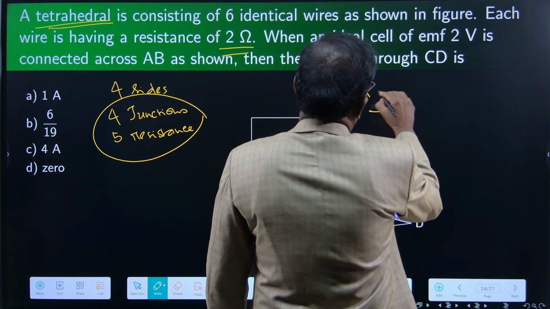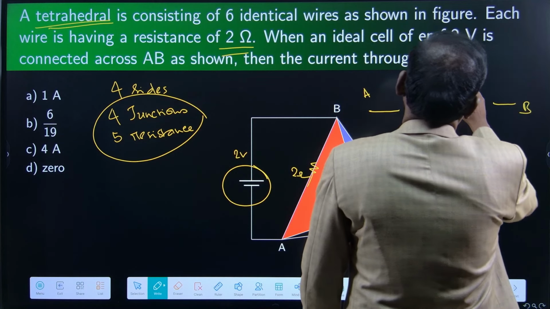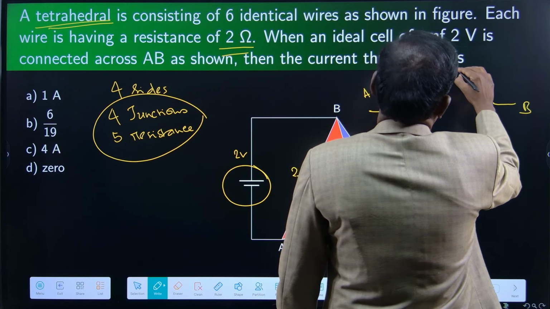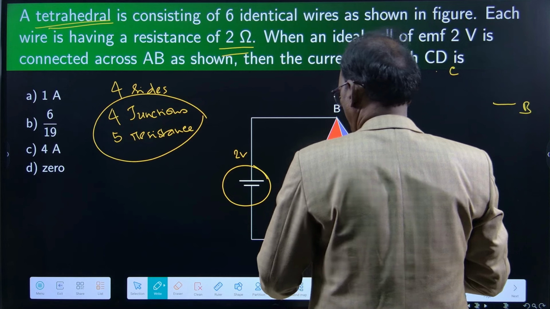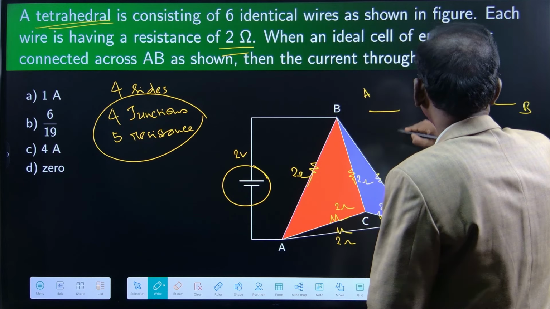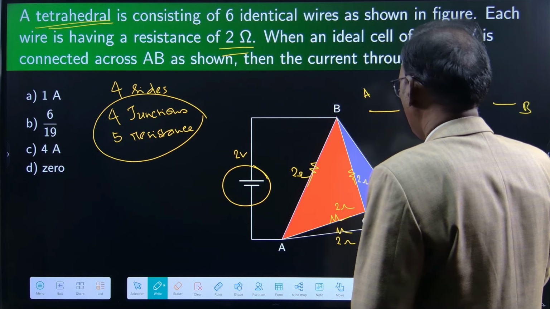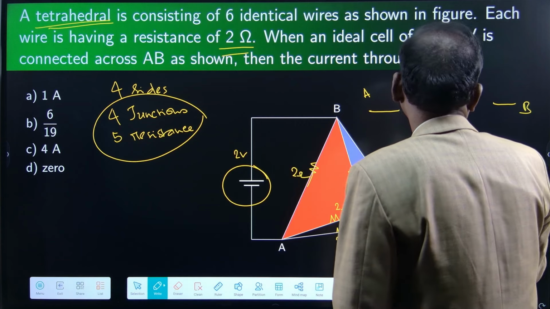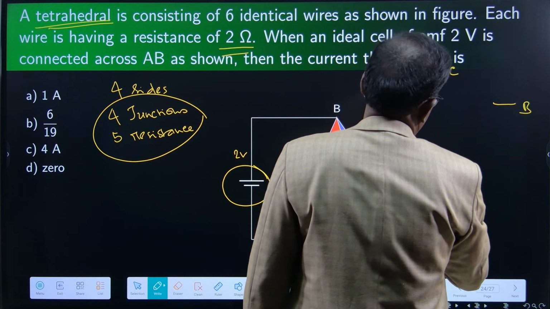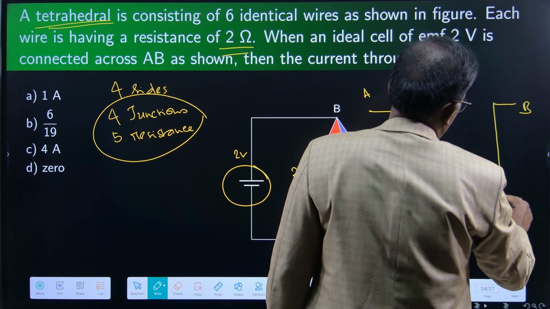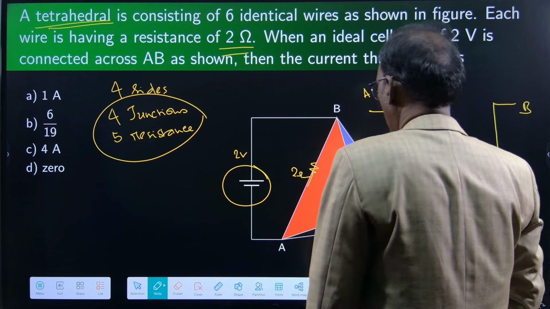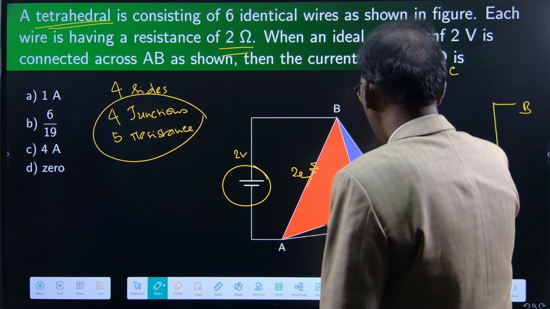This is A and B, C and D. Between A and B, 2 ohms. Between A and C, 2 ohms.